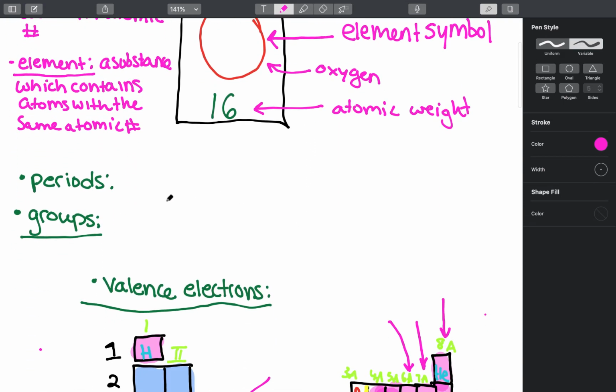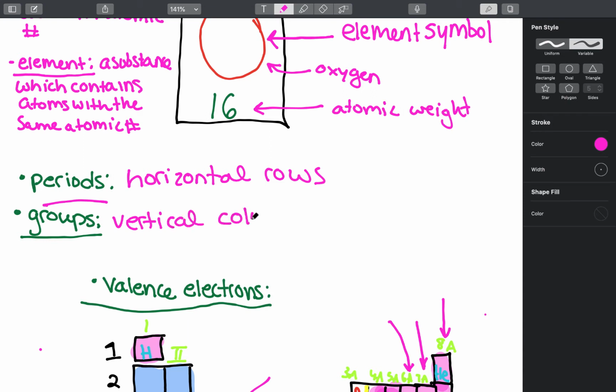So in the periodic table, there are periods and groups. So periods are referred to as the horizontal rows, and groups are the vertical columns.